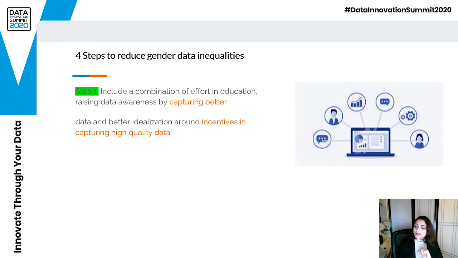There are four steps to go about. Step one is to include a combination of efforts in education by raising data awareness, by capturing better data. The key to all the gender inequality issues that we observe in data, the first step: capture better data. That is the mantra in making sure that these inequalities don't show up.